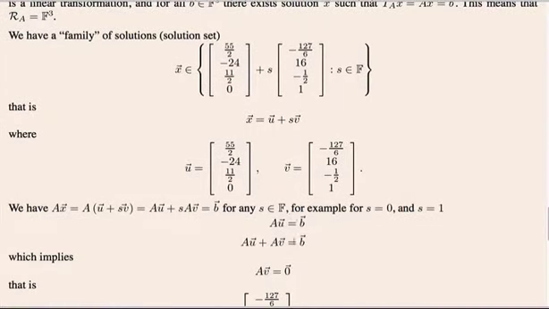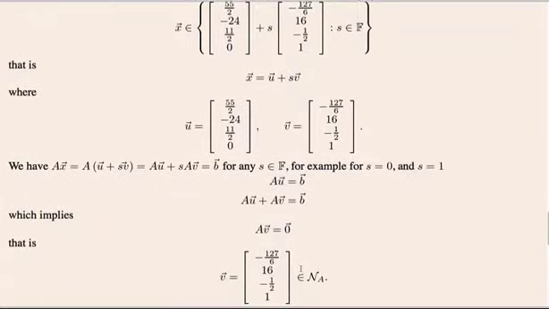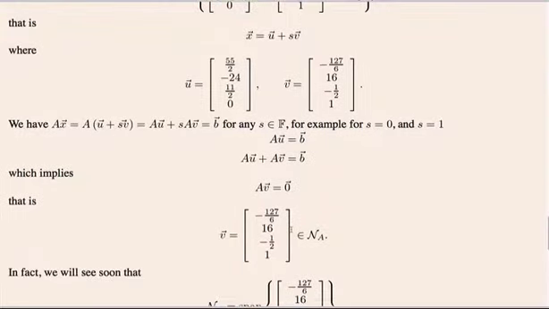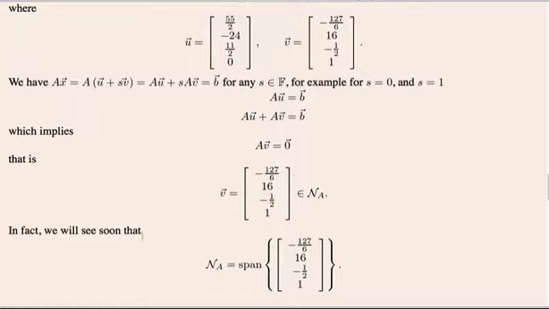And from these two equations, what you get is actually that A times v equals the 0 vector, which means that this vector v is in the null space of this A matrix, because when you multiply it, you get the 0 vector. In fact, we will see later that the null space of the matrix is nothing else but the span of this vector, which means all the multiples of this given vector.